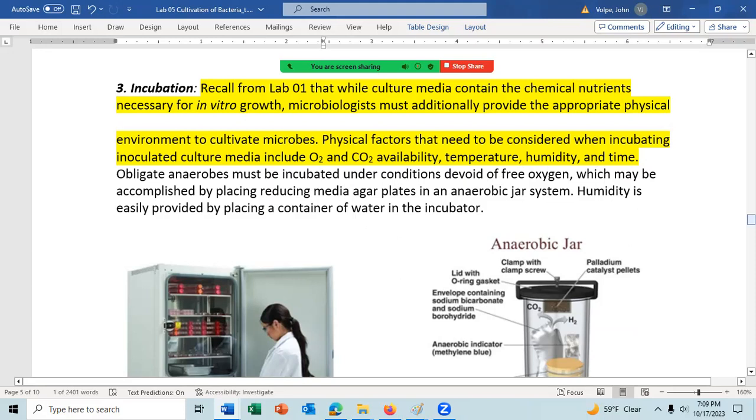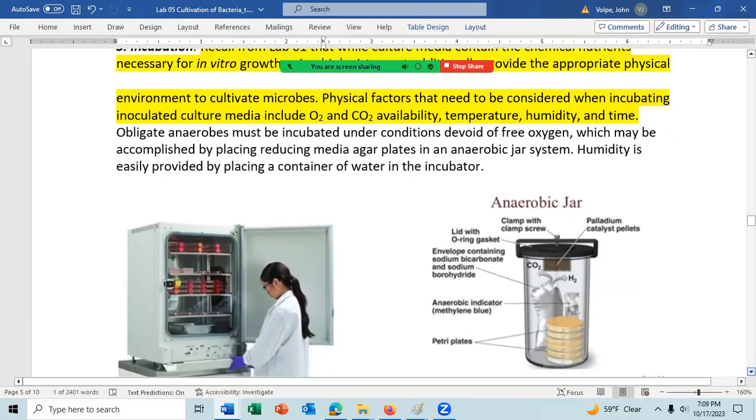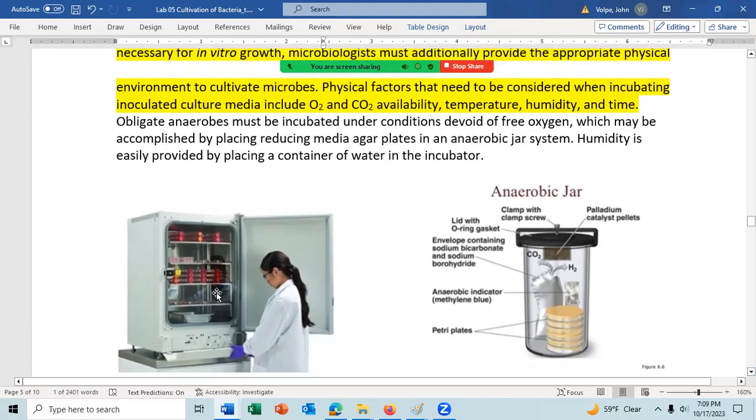However, you can have a more complex incubator that can regulate the amount of oxygen that's inside the incubator and the amount of CO2 that is available. In a very complicated incubator, you could even have no oxygen in the environment. There's something put in this jar that removes the oxygen, and then we can grow anaerobes.